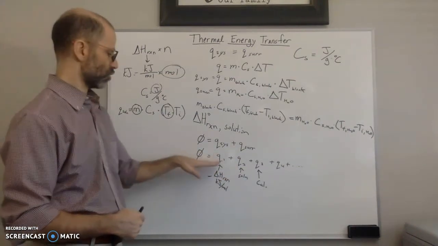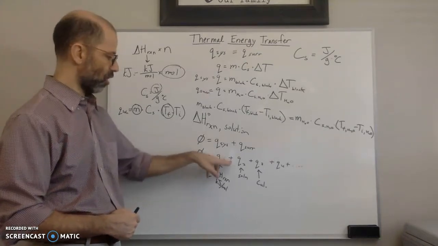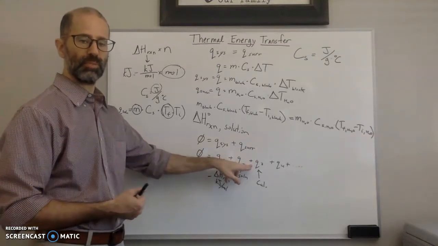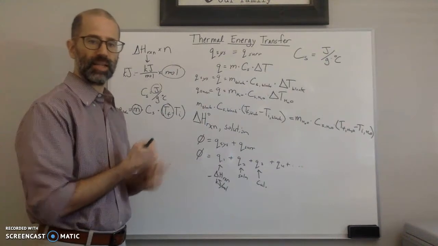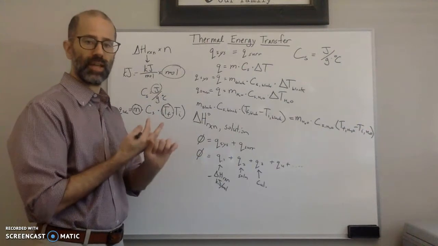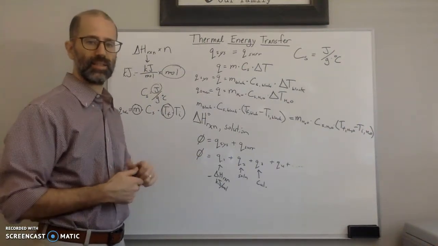You just need to make sure that you're identifying all the places that you could have a transfer of energy that is given to you in the problem. So again, you could have a reaction occurring that's going to give off heat or absorb heat. You could have a solution that the reaction is occurring in. Again, the solution is part of the surroundings, so you have to take that into consideration.